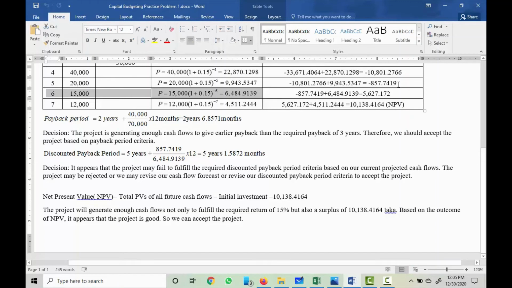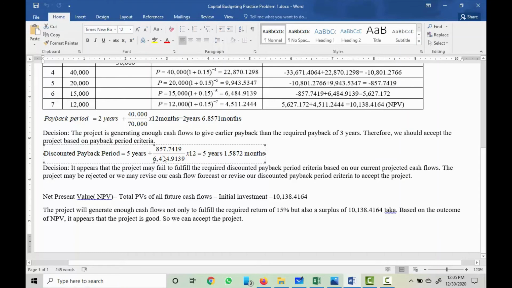We are in short of only 857 taka discounted value, so we just need 857 taka from this one. So we just need to find out how many months more it will take for us to get 857 taka discounted value to get the discounted payback, right?